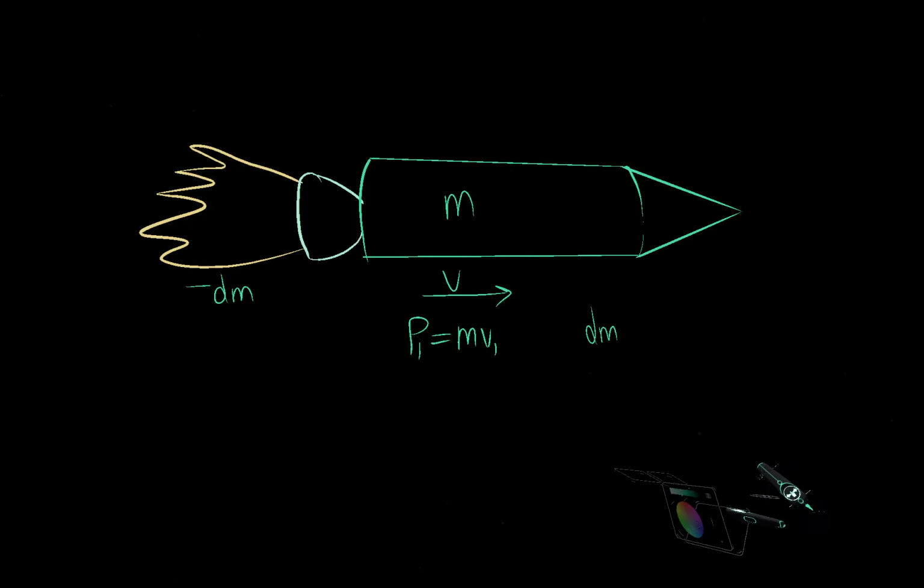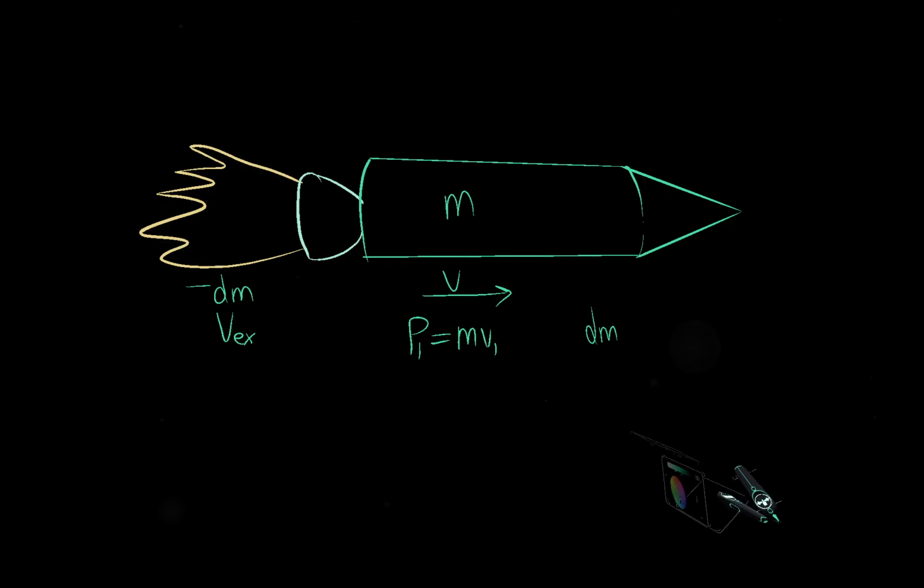This fuel is ejected at the exhaust speed, v exhaust, which is the speed of the material relative to the rocket. It's ejected in the opposite direction from the rocket, so v exhaust is negative.